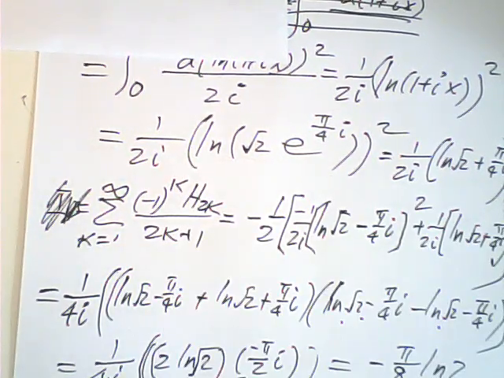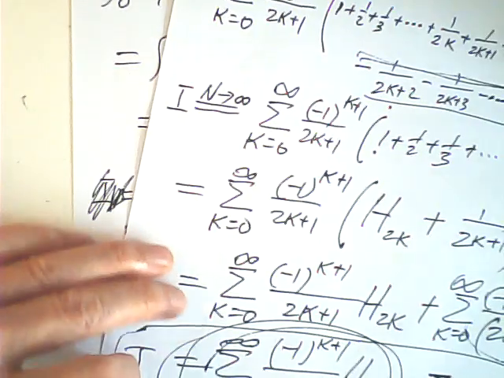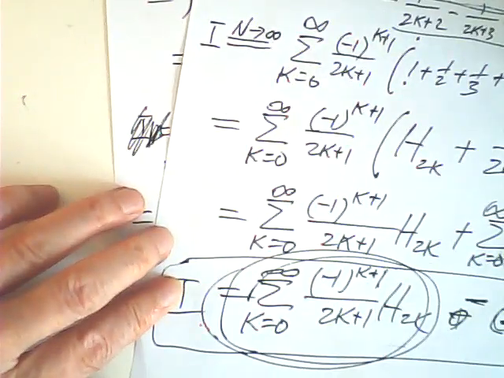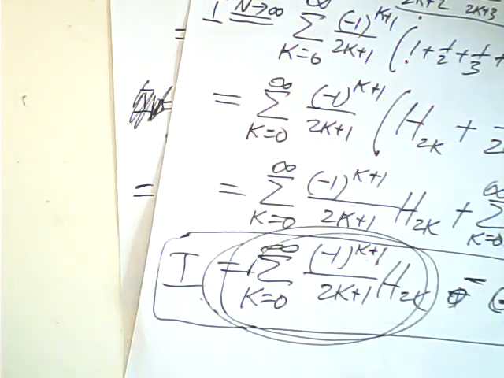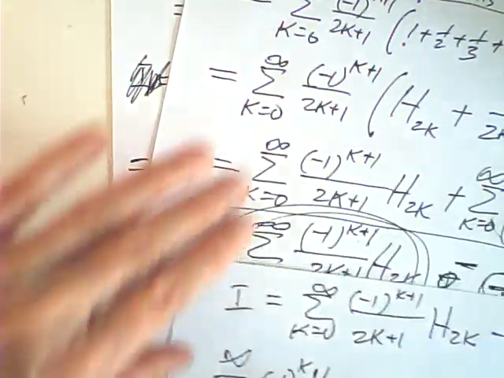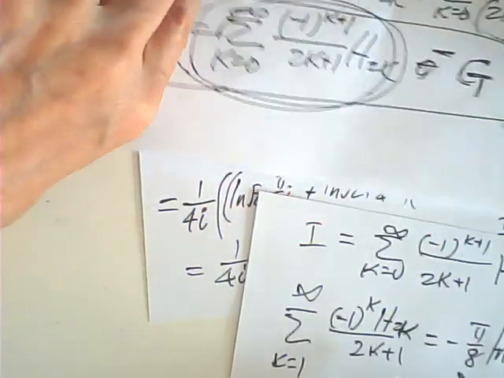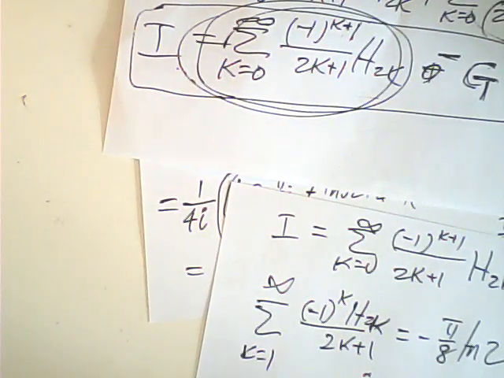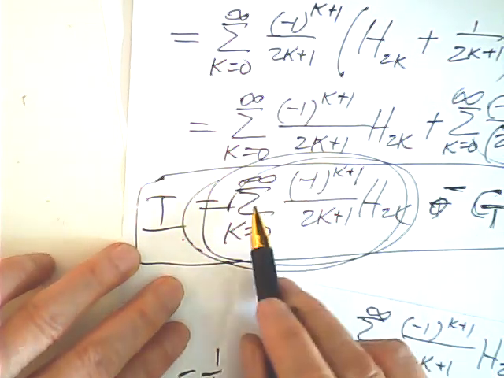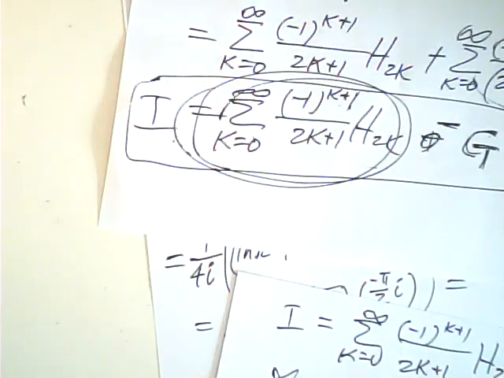Now, my I is, we need a plus 1. So that means it equals negative that. My I is negative that one because there's a plus 1 here; it's a negative of this.